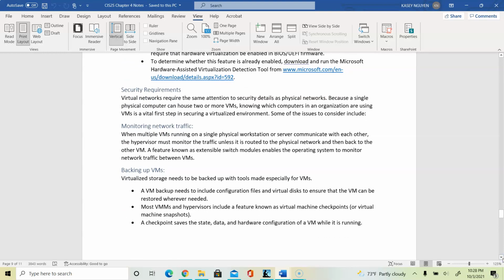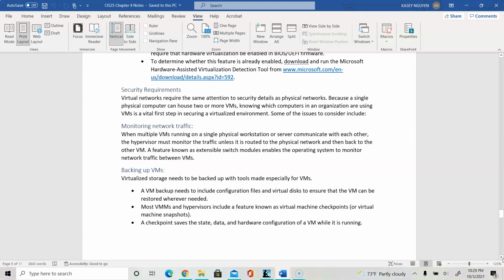Now, the security requirements, as I mentioned, are that we need to monitor network traffic. While it's on the cloud, it doesn't mean that the service provider is fully responsible for the security. If anything, the company, the customer that acquired that service, would be responsible for 50% or more of the security area.